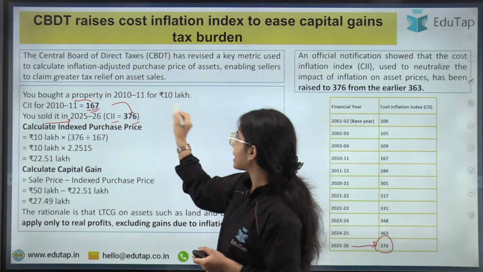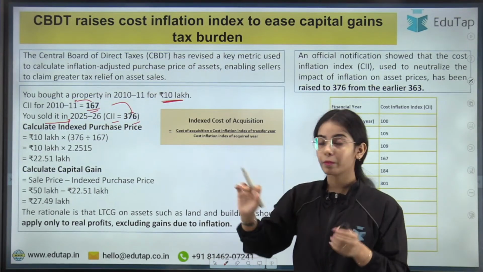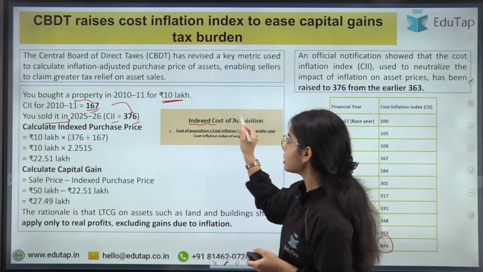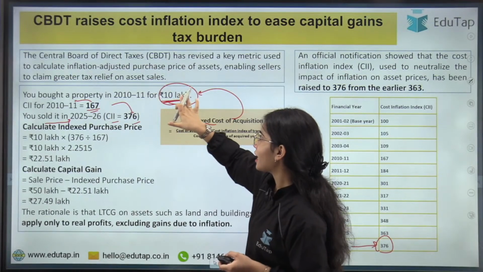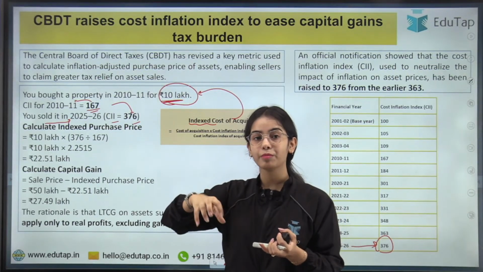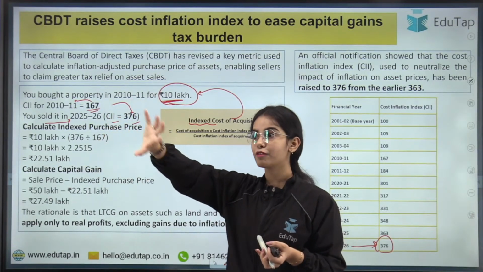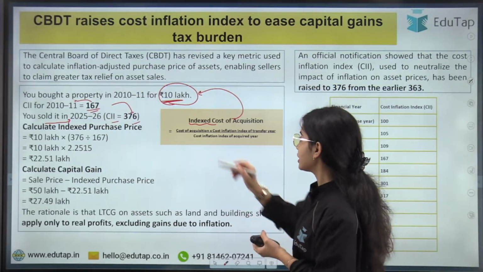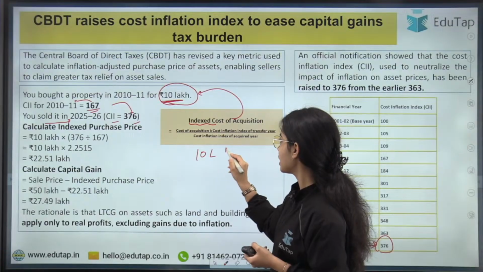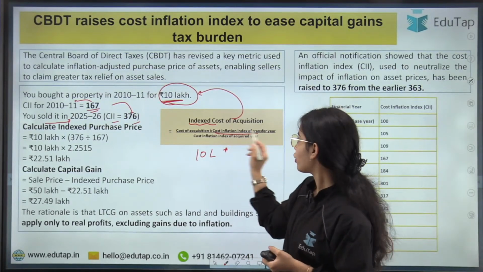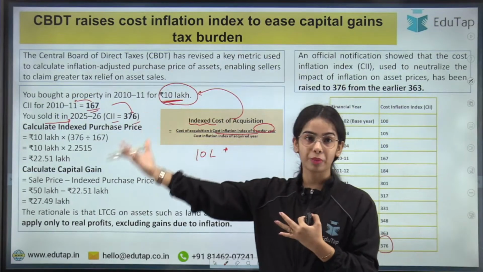Now, this is the price of the property that you purchased in 2010-2011. What is the indexed cost of acquisition? Here we take the purchase price and see what the purchase price of that property would have been in the current time. The cost of acquisition in 2010-2011 was 10 lakh rupees, multiplied by the cost inflation index of the transfer year, that is, the year in which the property is sold.